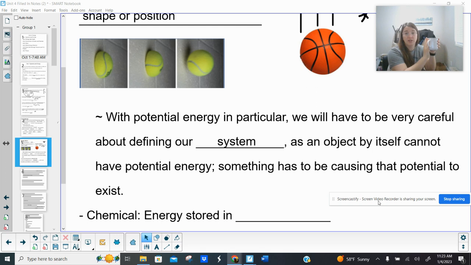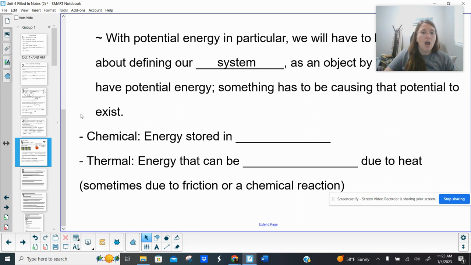What gives it the potential is the earth, right? Gravity. So I would want to define my system to be the cup and the earth to say that it has any potential energy. If I were in space and I just let my cup go, well, there's no gravity. So it has no potential to do anything without the gravity. Again, things we'll talk about more as we continue to work with potential energy.